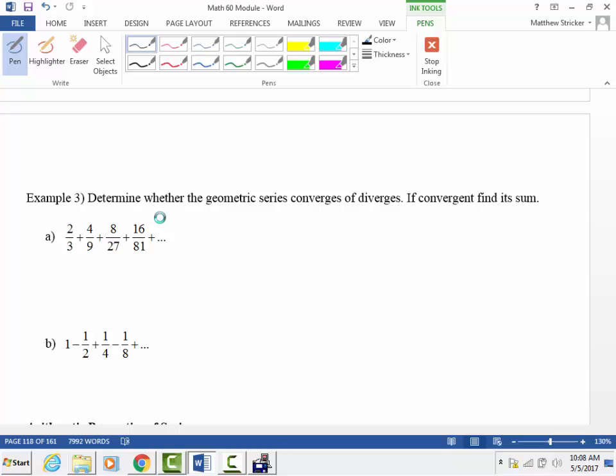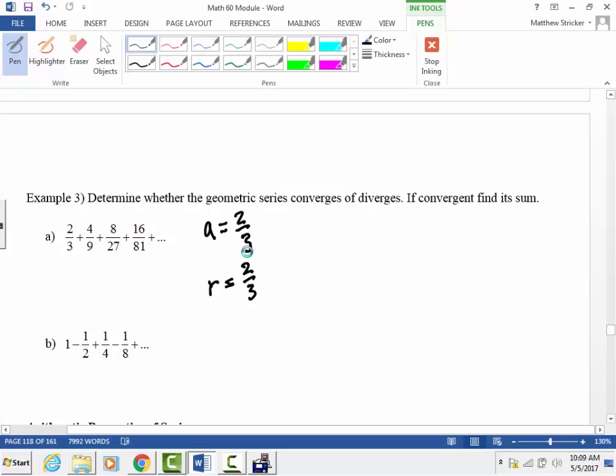Does that work for the next one? 2 times 4 is 8. 3 times 9 is 27. Okay, so everybody together, what's a equal to? 2/3. a is the first term. What is r equal to? Yes, r is also 2/3 because we're multiplying each term by 2/3.